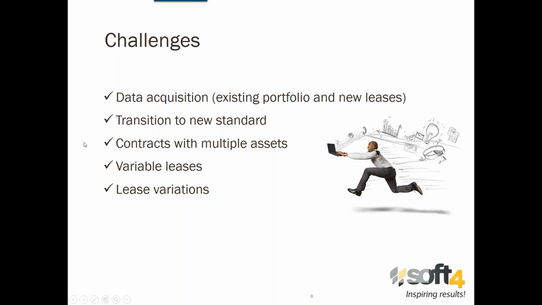To simplify that, if you treat every asset as a separate lease, then your accounting would be more accurate. Variable leases are a challenge if your payments are variable, as are lease variations.